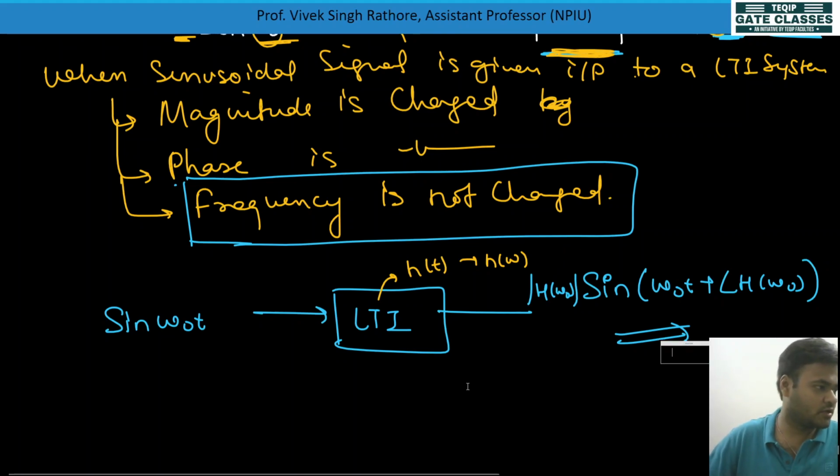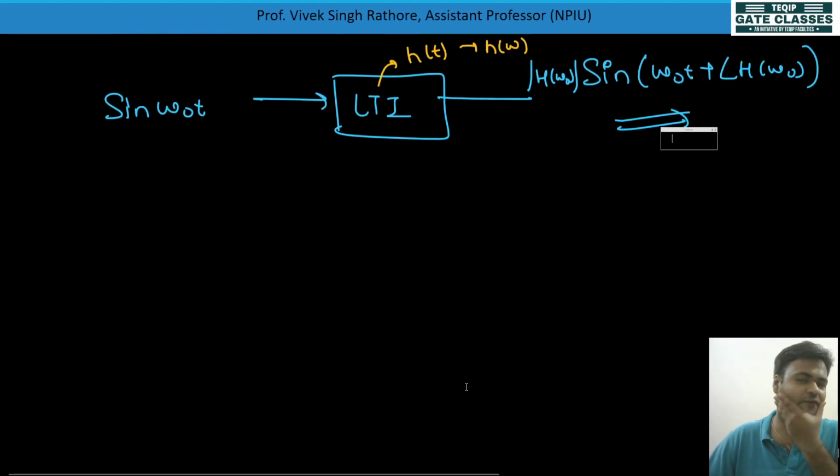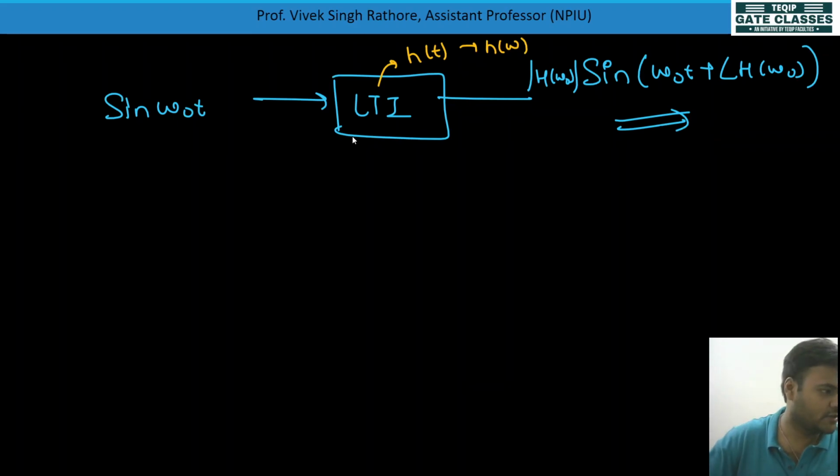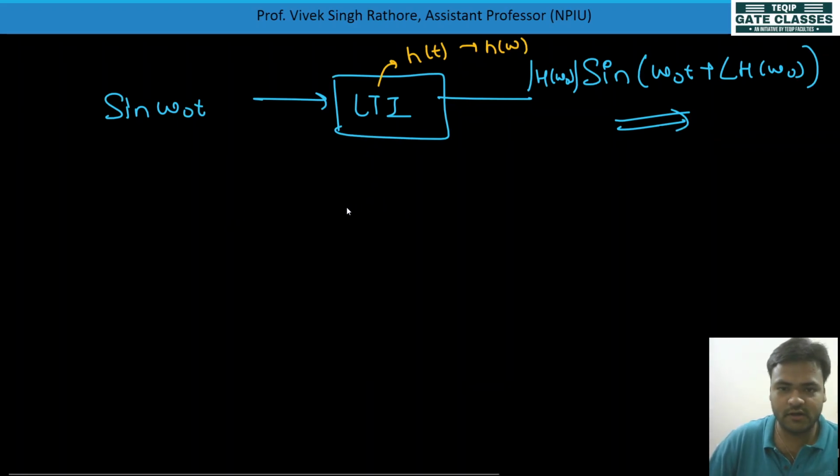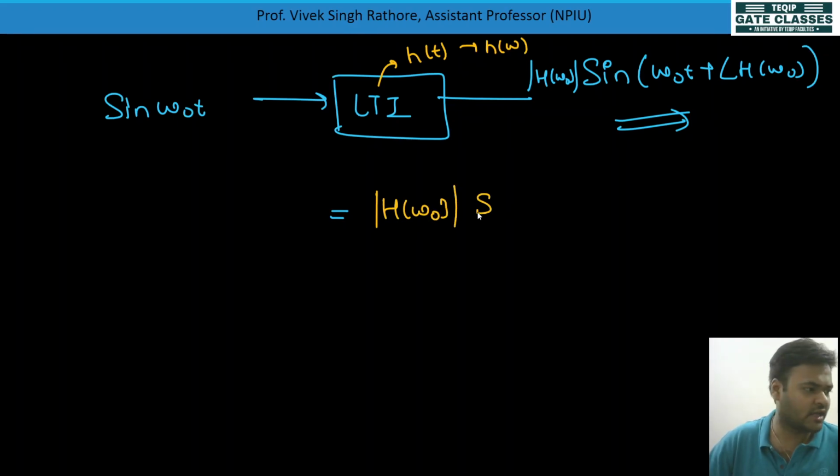So now we have got the value which we wanted. On the output side you see mod of H of omega naught is there, no problem with that. In sine of, can we take omega common?